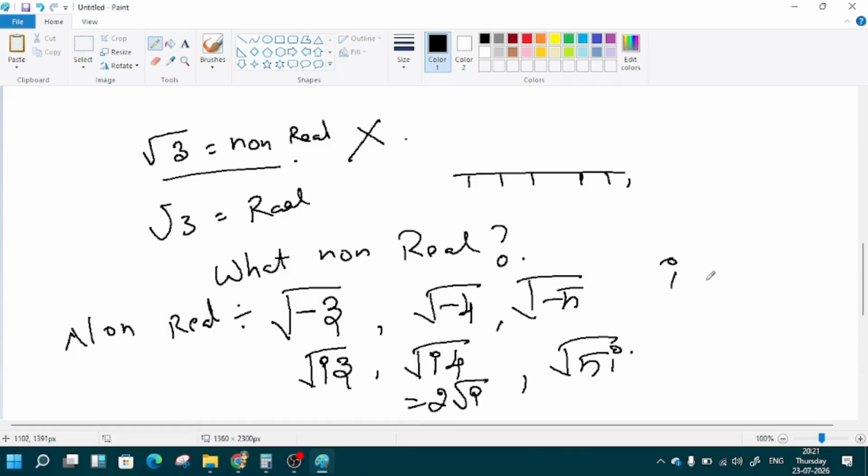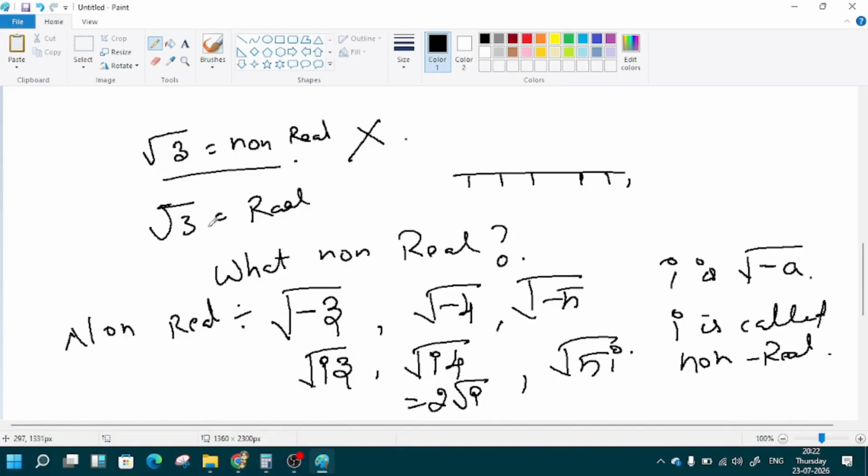This i is nothing but the root of a negative number, and this i is called non-real. Not just the numbers inside roots are called non-real; these are real actually. Only the negative numbers inside the root are called non-real numbers.